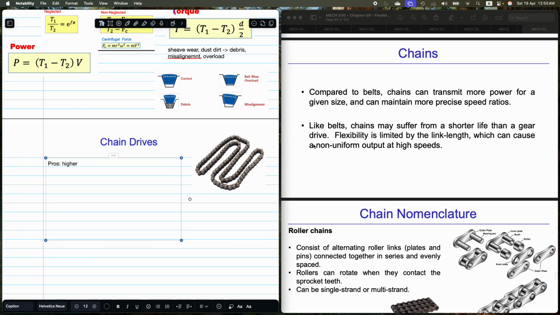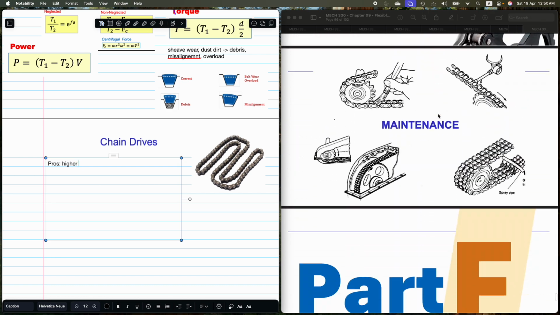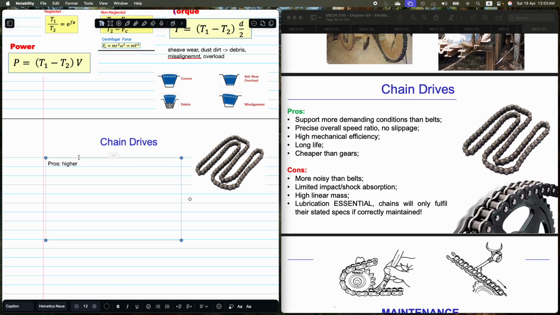Yeah, because they can transmit more, i.e. more power for the same size. What else? No slippage. Higher efficiency, long life, cheaper than gears.